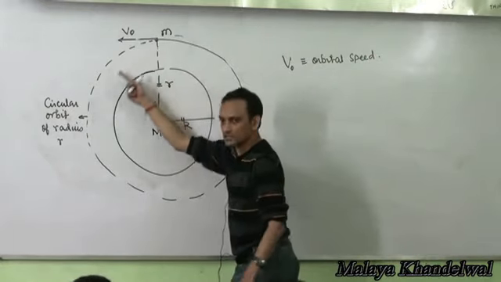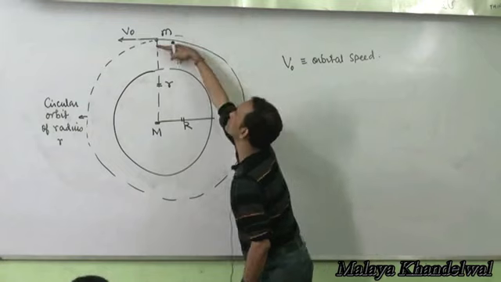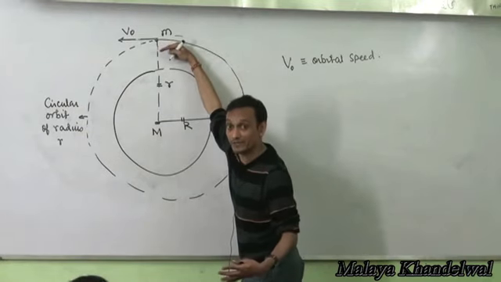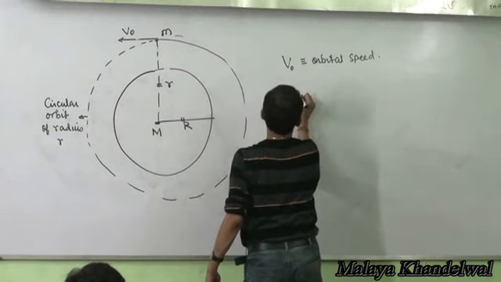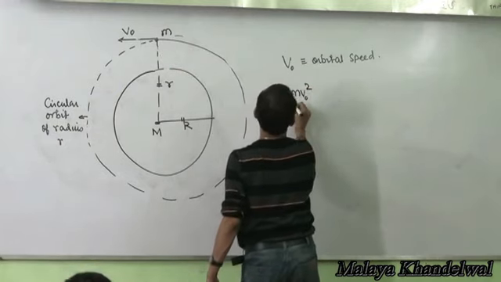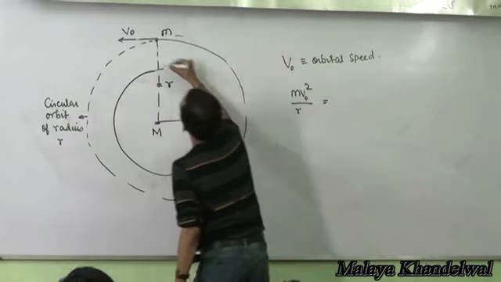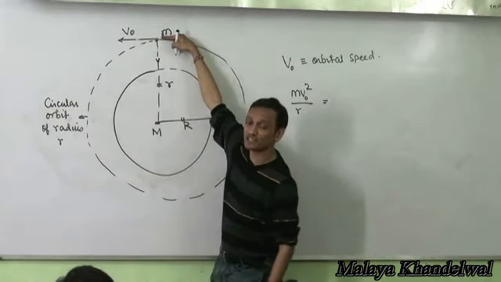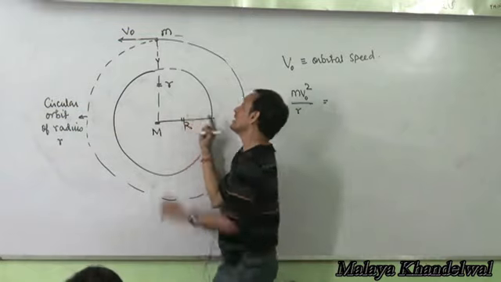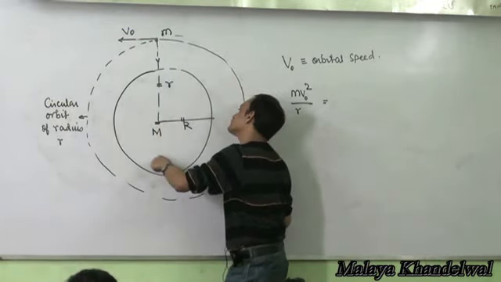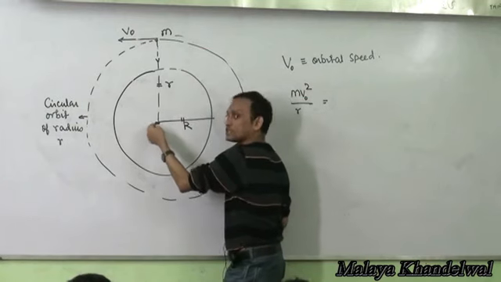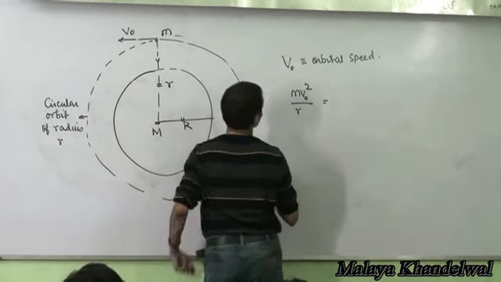Then, to maintain circularity, it would have a centripetal force requirement, which would be m v0 squared by small r. The centripetal force requirement must be met by the gravitational pull between small m and capital M. Since this point is outside the surface of the Earth, I can imagine the entire mass of the Earth to be concentrated at the center like a point mass, capital M.